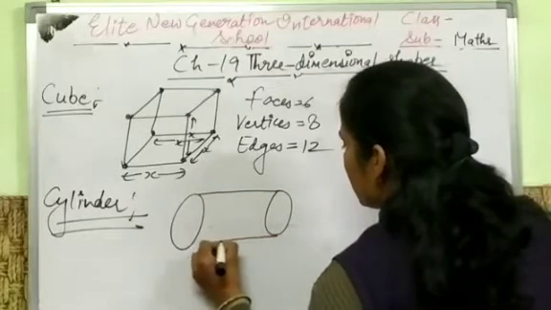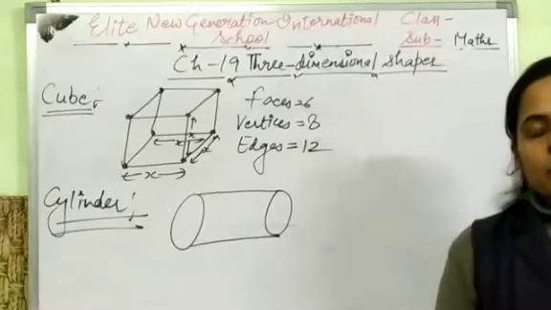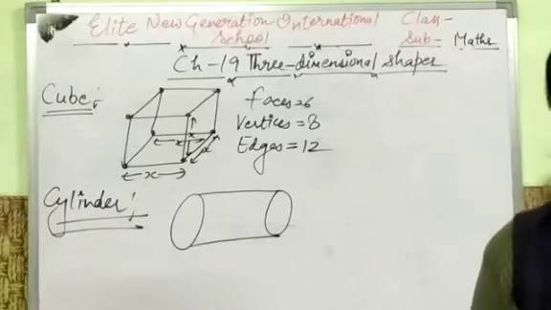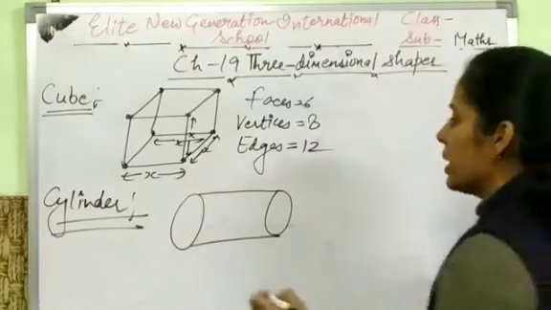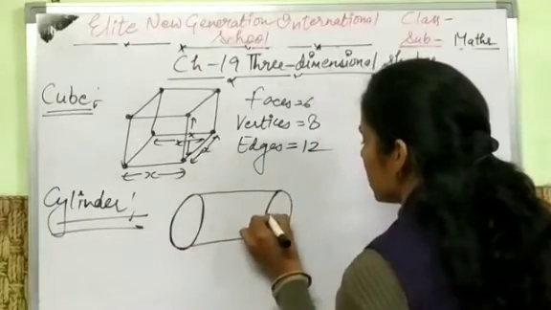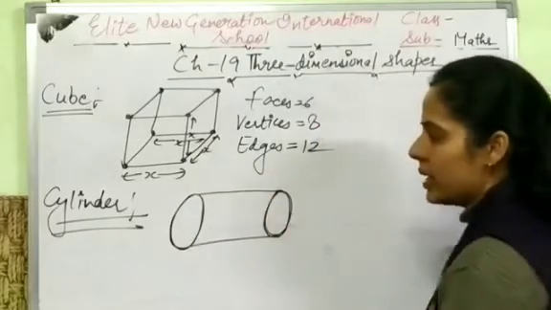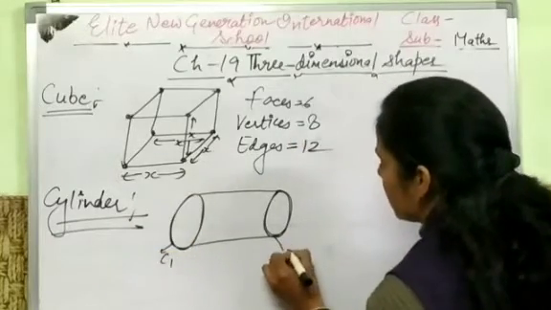When you see the gas cylinder, you can easily say that there is no vertex. So a cylinder has no vertex and it has 2 curved edges. These are the edges of the cylinder, and let's say that is C1 and that is C2.